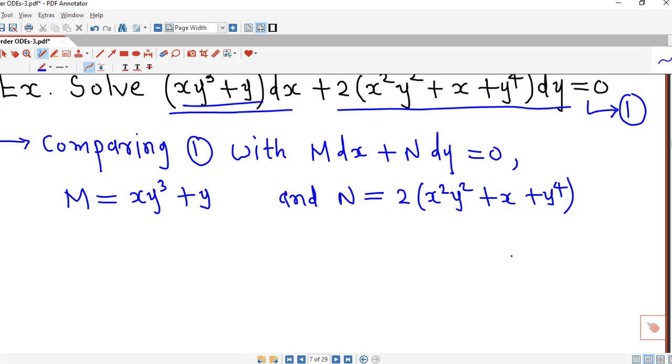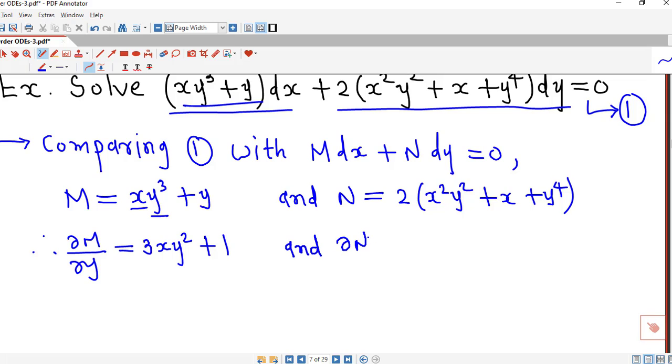First we check the condition for exactness. For that we differentiate capital M with respect to y. Here x is constant, the derivative of y cube is 3y square, so we have 3xy square plus the derivative of y, which is 1. And for the partial derivative of N with respect to x, 2 is constant, y square is constant, the derivative of x square is 2x.